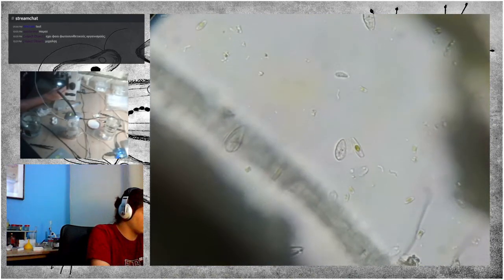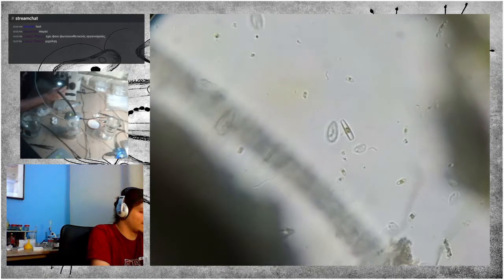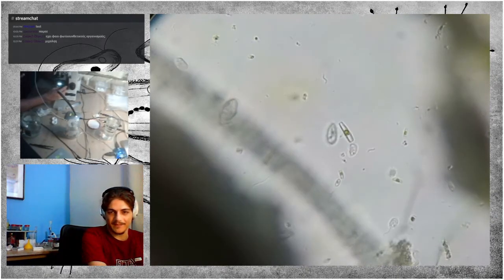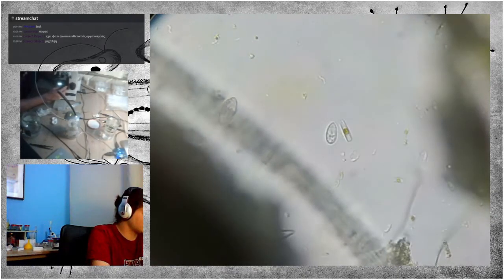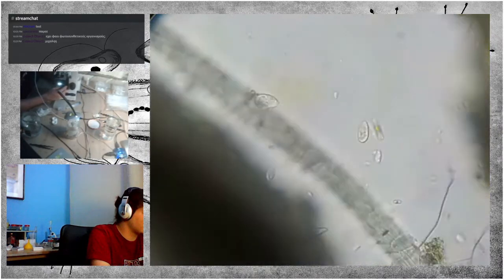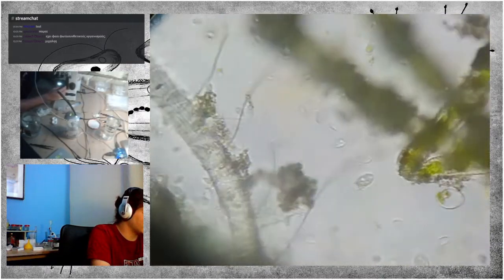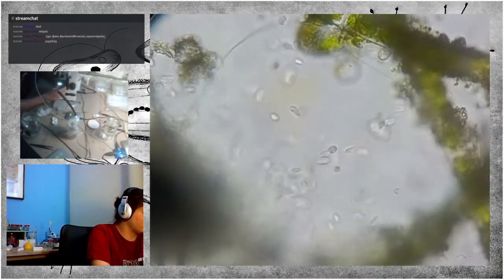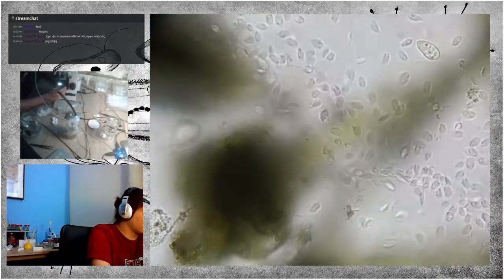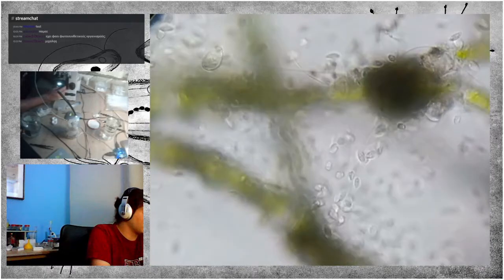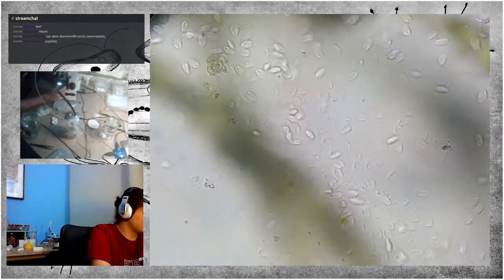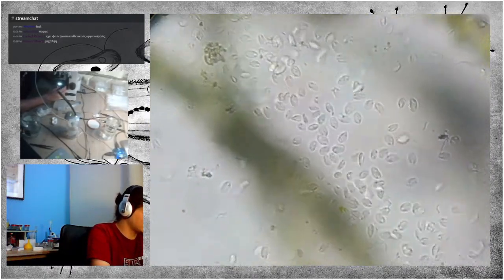Now here is again a diatom that I think just latched on the slide because it was moving in a way that diatoms generally do not move. Now here the concentration of those ciliates is surprising, really.